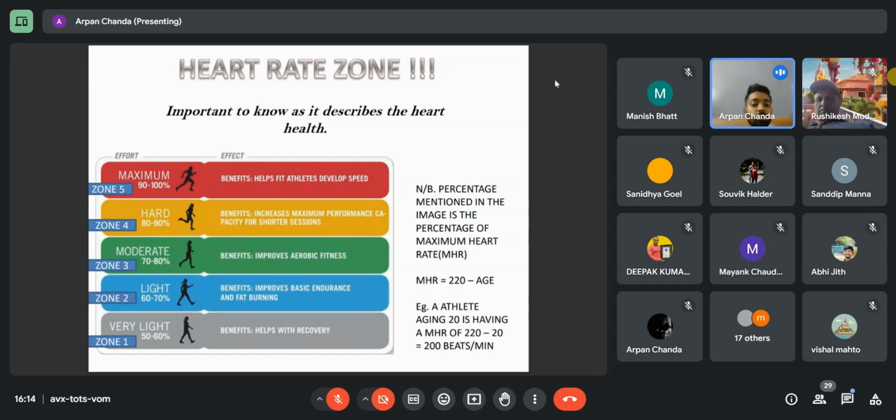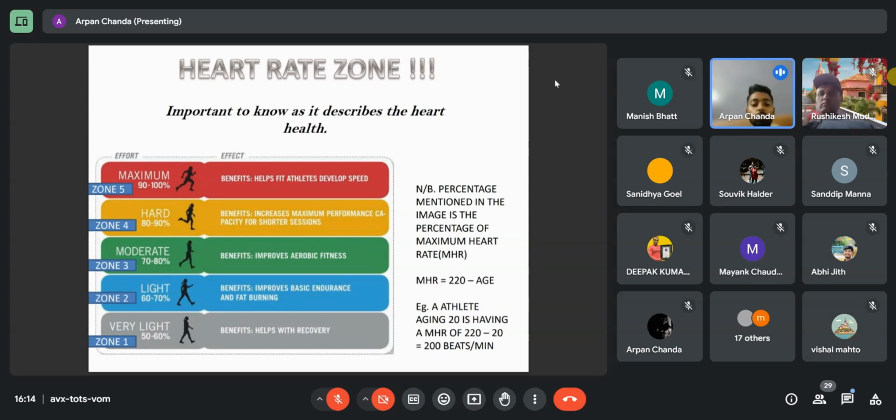Now the percentages shown in this diagram are the targeted heart rates for the zones, as a percentage of maximum heart rate. In zone 1, the targeted heart rate is 50 to 60%, which in this case of 200 beats per minute will be around 100 to 120, the zone of recovery or rest.